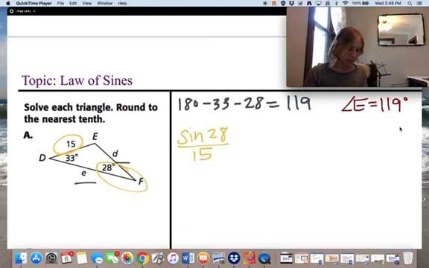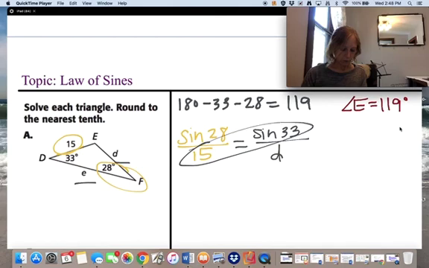And that's going to equal, and it doesn't matter which one we do next, we can do D or we can do E. Let's just go in alphabetical order. Angle D is 33 degrees, so sine of 33, and then side length D is opposite from that. We'll use cross products to solve.